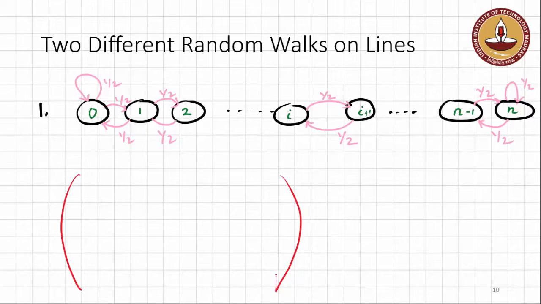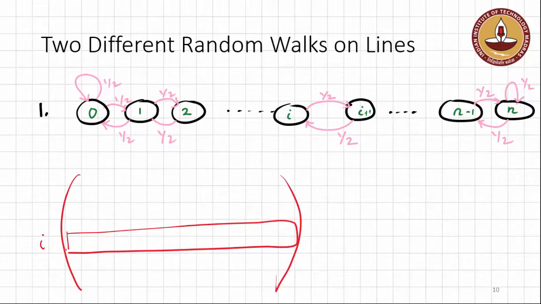Now, the transition matrix, let us look at the node I. Okay, the node I can move with probability half. So this will be, let's say, I minus 1, I, and I plus 1. If you notice, the probability of staying in I itself is a 0.